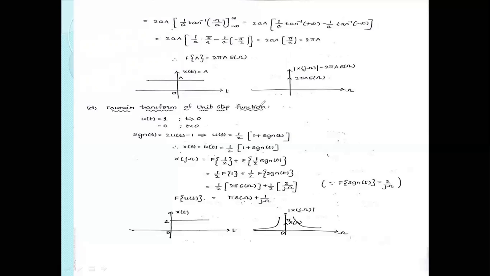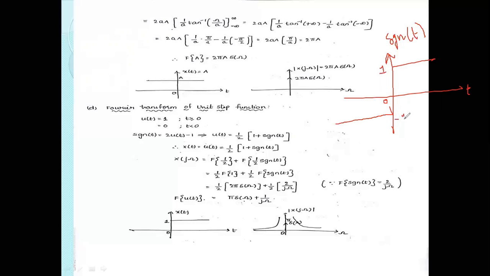And now the Fourier transformation of the step function, from the signum function. So you know the signum function, signum of t. For positive values of t, the value is 1.